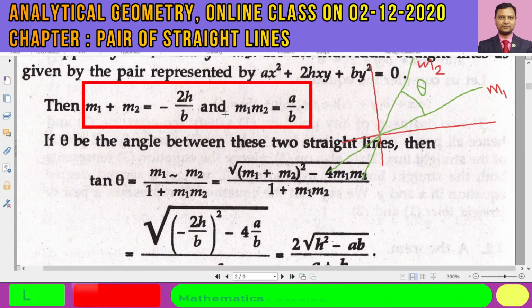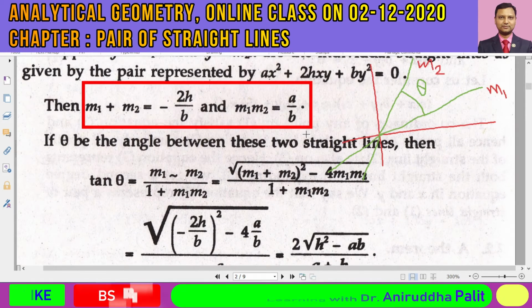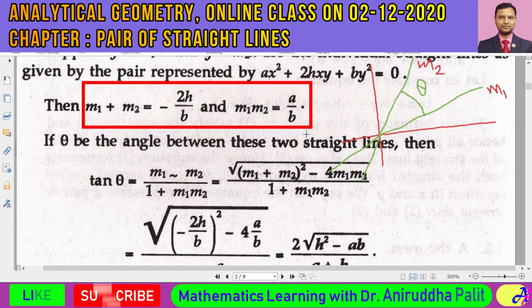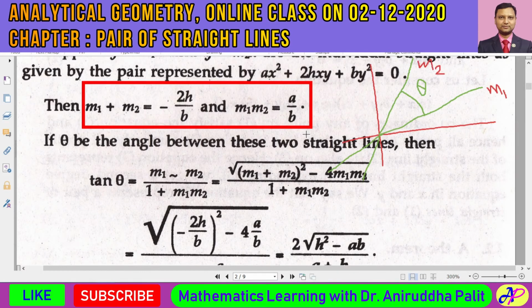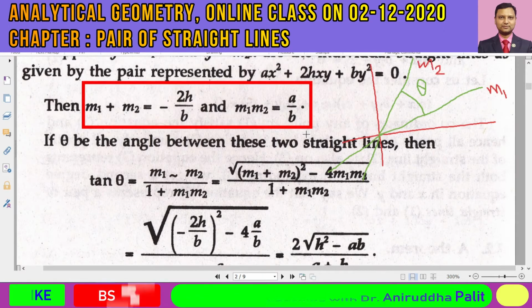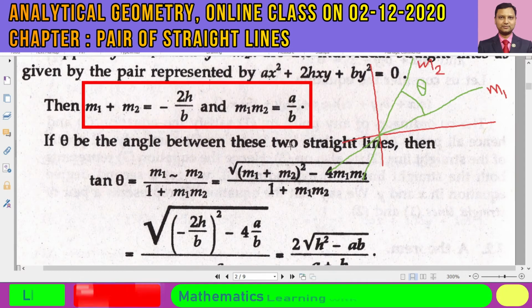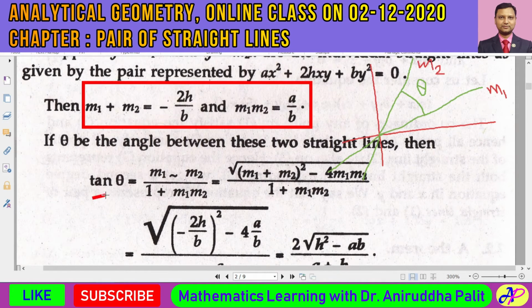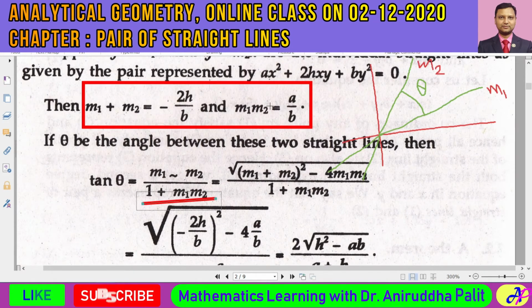So this kind of approach is actually called a qualitative approach. We don't exactly quantify the quantity. That means we don't know the expression of M1 and M2, so we are not interested in the value of M1 and M2. Actually, our target is to find the expression of tan theta with the help of these two results.